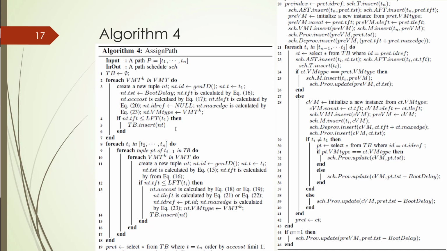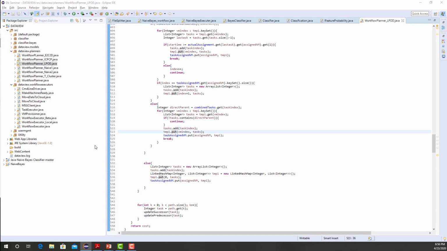So assign path. The assign path takes a path ti to tn, a path schedule, and returns a schedule. And at first the TB is 0 for each of the virtual machine type k. It will create a new tuple nt. Nt is a function from nt to the I that generates an ID for it, and the nt.t, that is the T1, and the nt.st, that is the boot delay, and the nt.ft is calculated by equation 16.